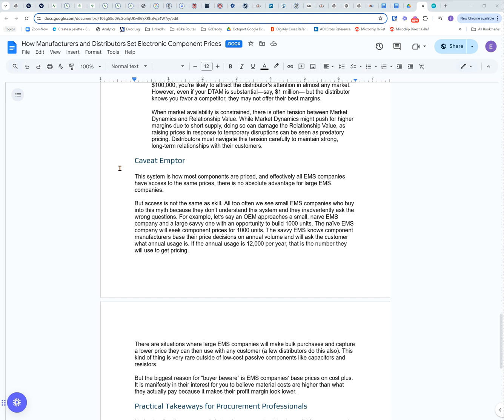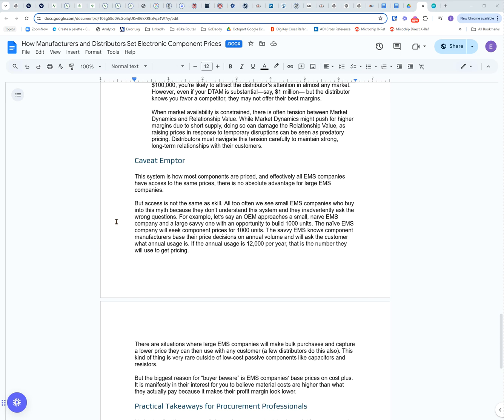But the savvy buyer knows that the component manufacturer and the distributor actually base their pricing decisions on annual volume. And they'll ask the customer, "Well, what's your annual usage?" And let's say it's actually 1,000 pieces a month. Well, that's 12,000 a year. And that's the number that they're going to use to go get pricing.